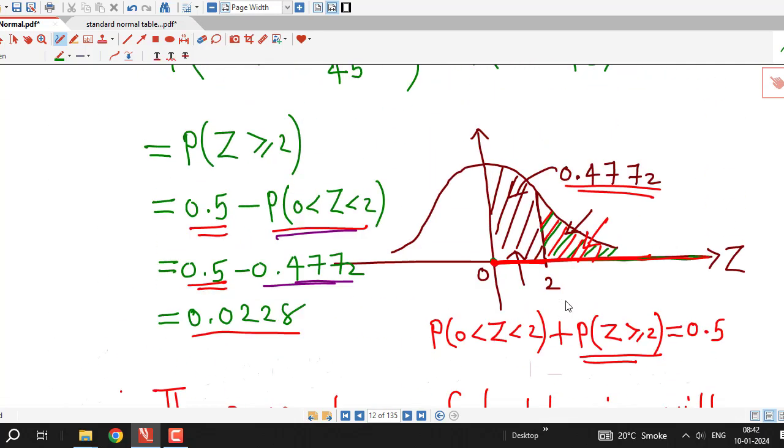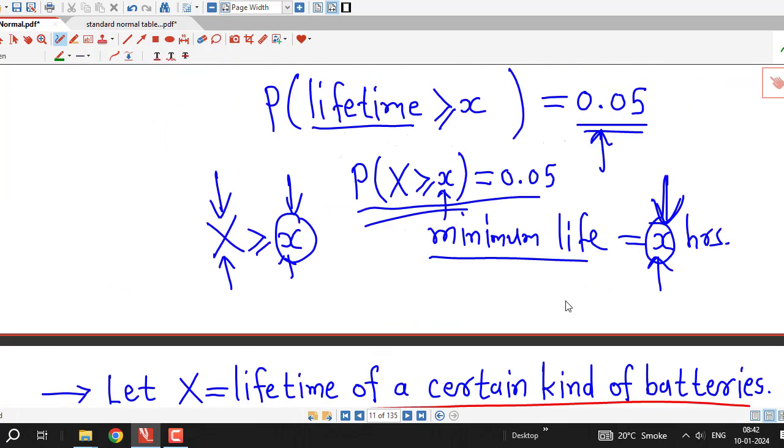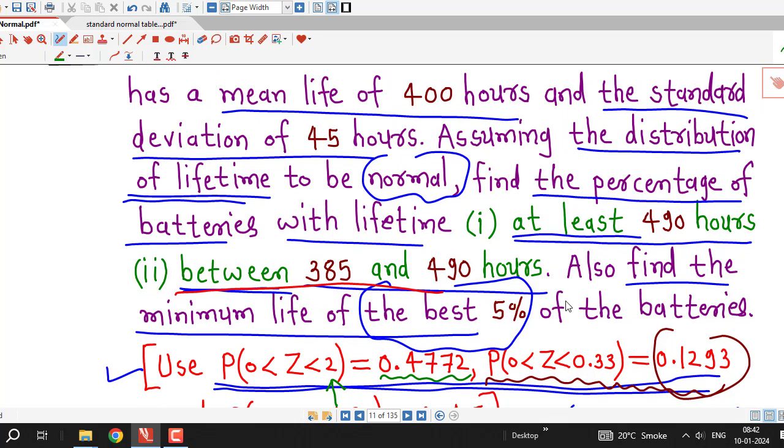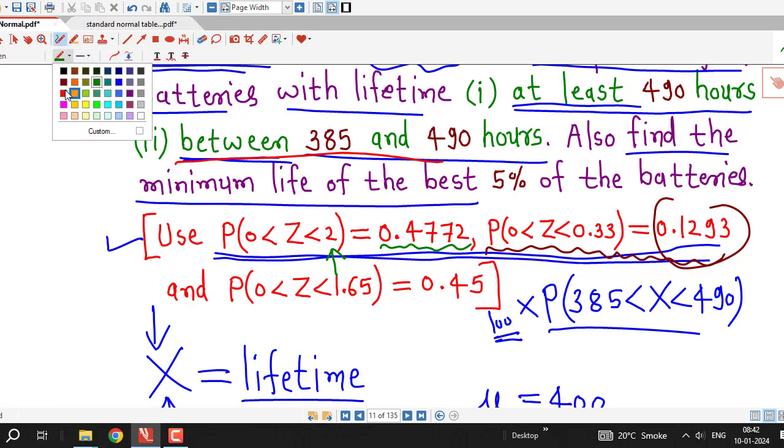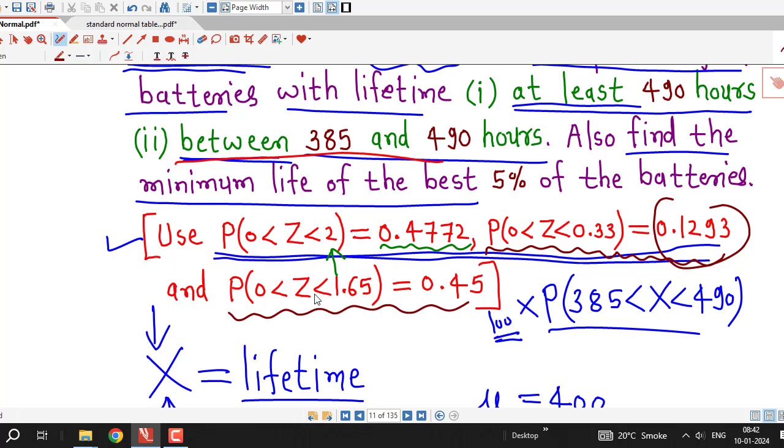So in this way we can easily answer this type of probabilities. Now in the last portion of the question, we have to find the minimum life of the best 5% of the batteries, and I think we have to use this table value. We have not used this table value, Z lies between 0 and 1.65. So somewhere in our calculations we must get this figure 1.65.